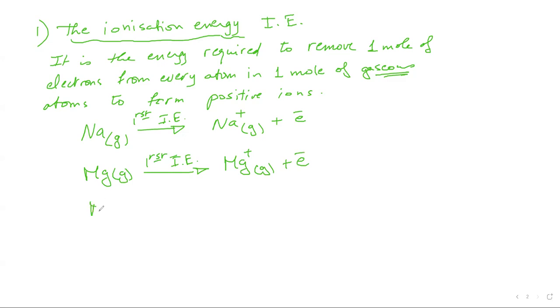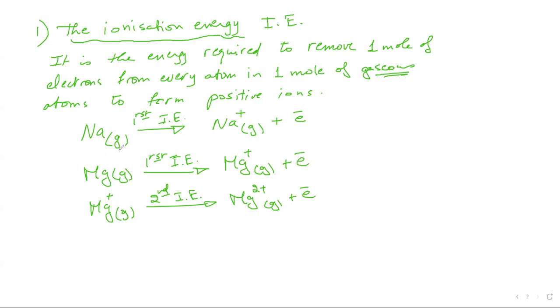And then we know that magnesium would like to have a +2 charge, so the magnesium ion in the gas state, by the second ionization energy, forms the magnesium +2 ion in the gas state plus another electron to be removed. And of course, if we have something like aluminium, it will require 3 steps in order to remove 3 electrons and form the aluminium +3.